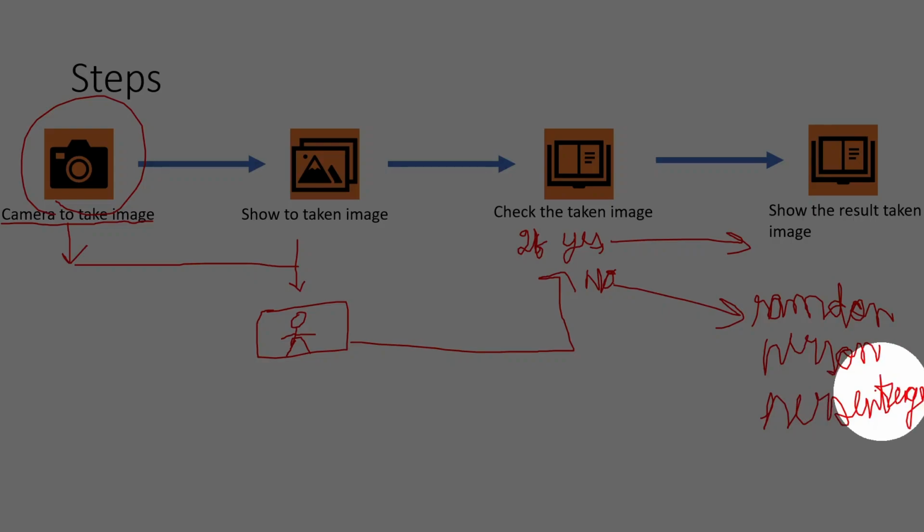It will show the random person as well as the random percentage on the screen to show that it has checked from the given data. That it will do with it.